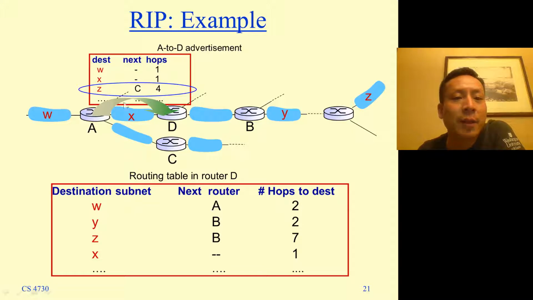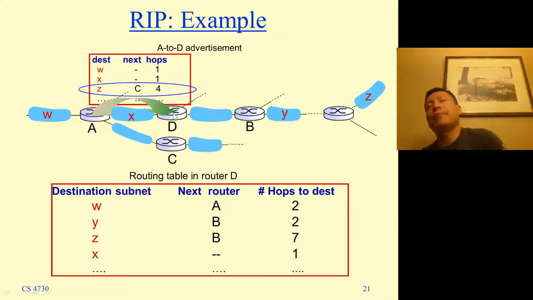So in this case, what A tells D is that to reach the destination Z, A can actually go through C, which takes 4 hops, right? Which means from A to Z, it has to go through C, taking 4 hops. So D will then do the local Bellman-Ford equation calculation to see if that would be a better path.